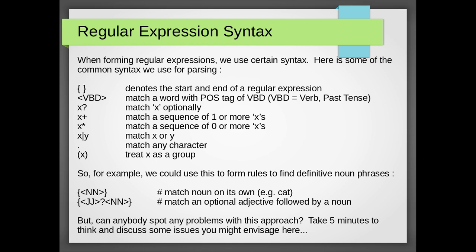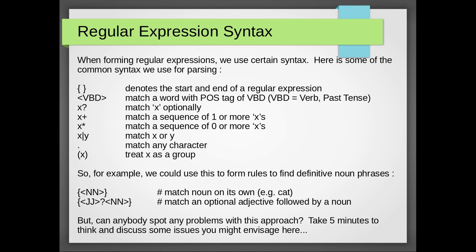So we could use that to specify this top rule, where we're just looking at finding a noun. But obviously that's not going to find all noun phrases because they may have adjectives in front of them. So we could also specify, using the second rule, JJ, which stands for adjective, and we've put a question mark, which if you look at the syntax above, remember that means to match that optionally. So that says match an optional adjective followed by a noun.